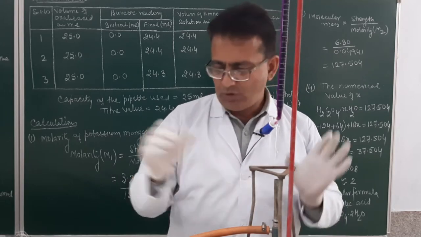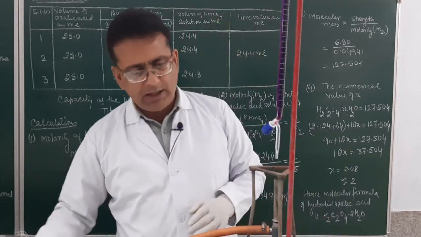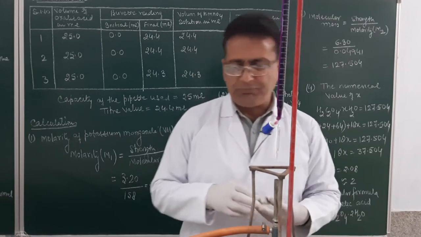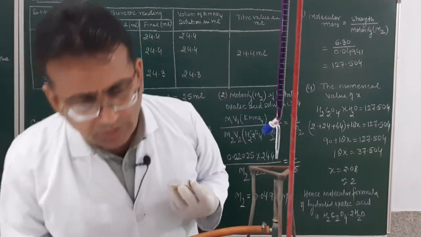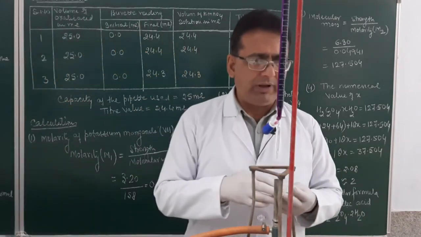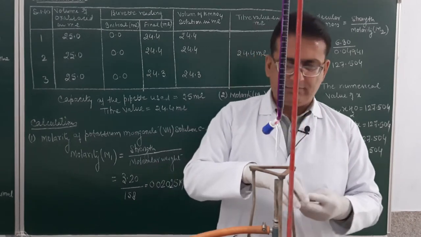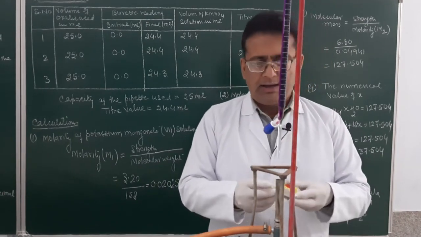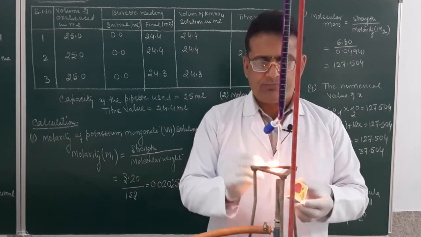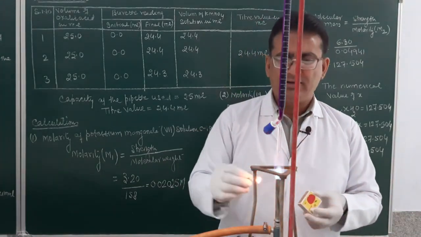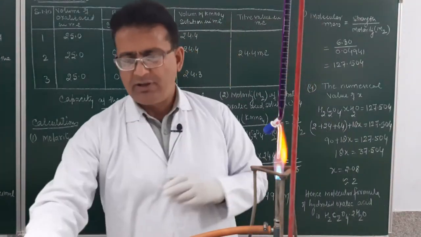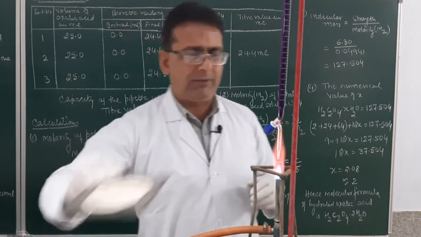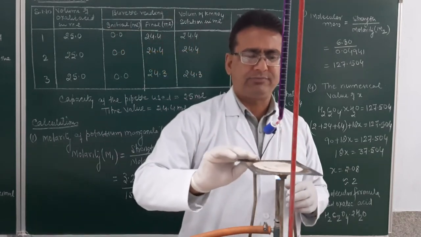Am I clear? We will now light this one over here, and then put a wire gauze over it. You may see over here, this is being lit. Now over here we have put a wire gauze.